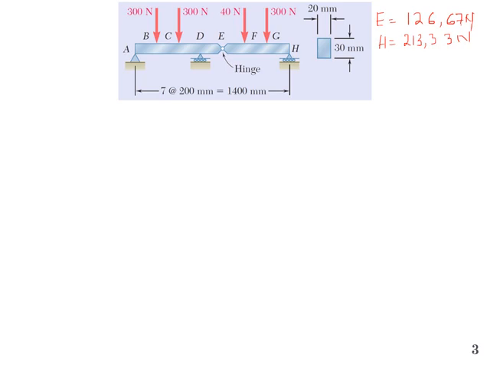Okay, now let's take the first section between E and H, between E and F, just before F. So let's take a section over here, and now we will find the shear force and bending moment, and that will be for segment E and F. Okay, now if we draw the free body diagram for this segment, we have force E acting in the upward direction.